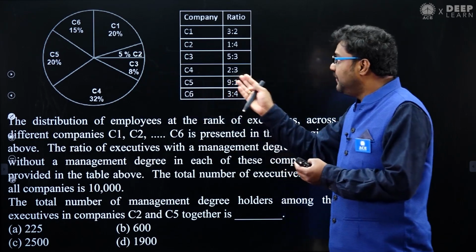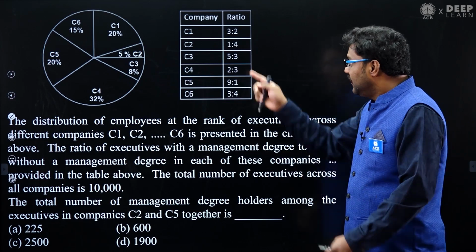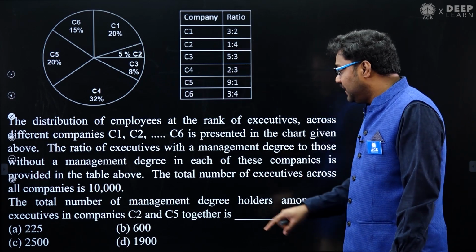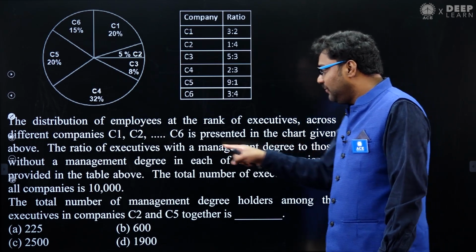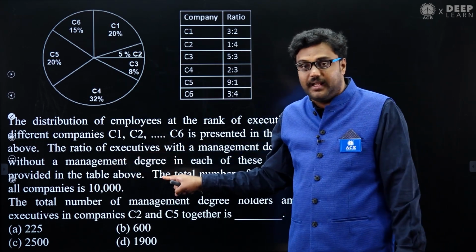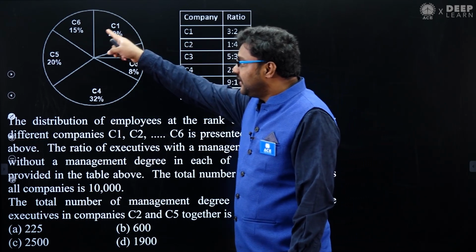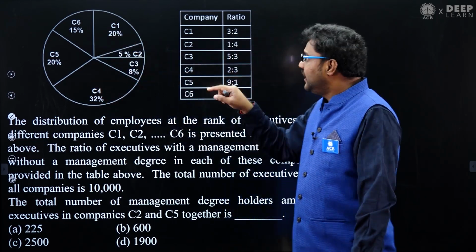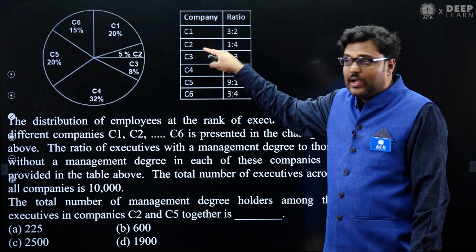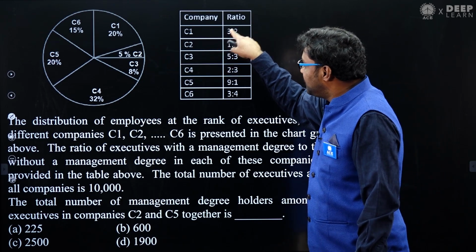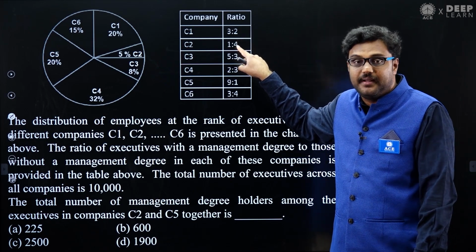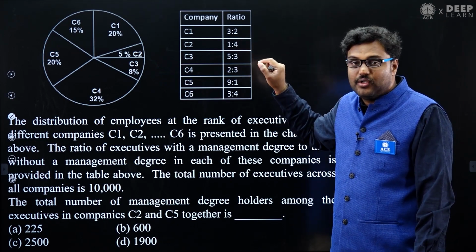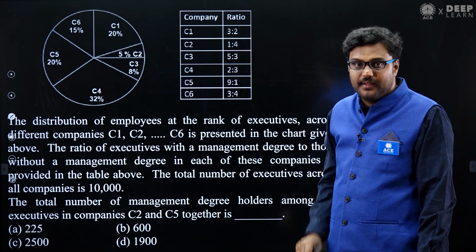In the table, for each company the ratio given is executives with a management degree with respect to without a management degree. This tells how many executives in company 1 have a management degree and how many do not.